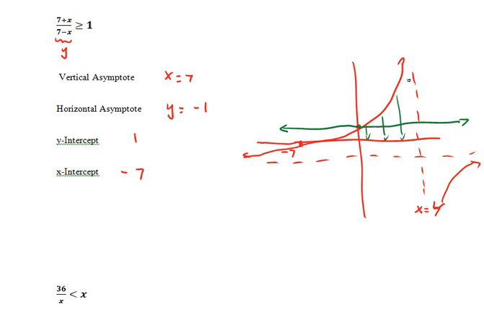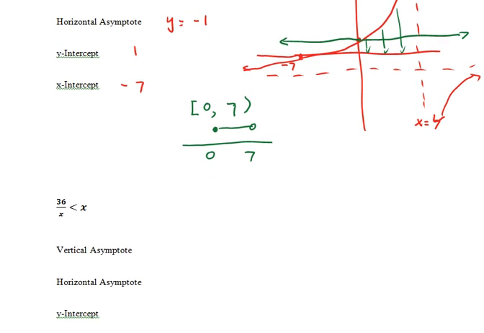And so in this case, we will have the interval from 0 to 7, including 0 but not 7. 7 cannot be included because it is not part of the domain. 0 can be included because the value of the rational function is 1 at x equals 0.